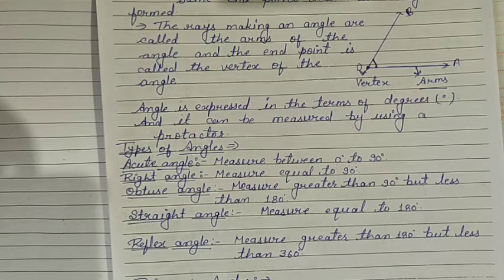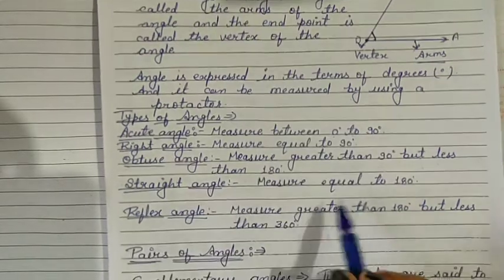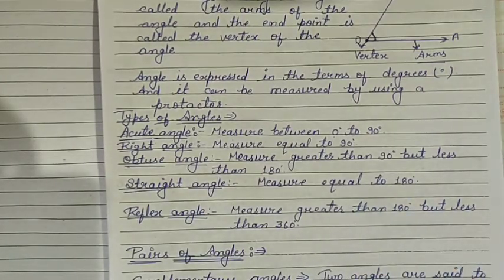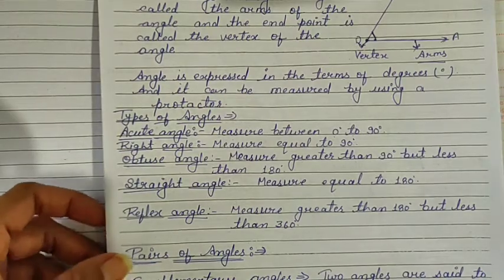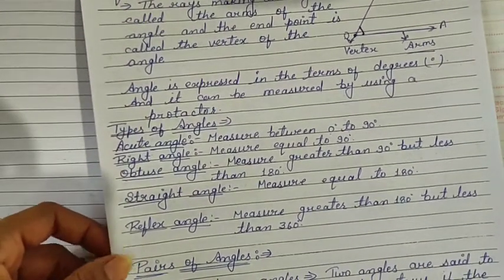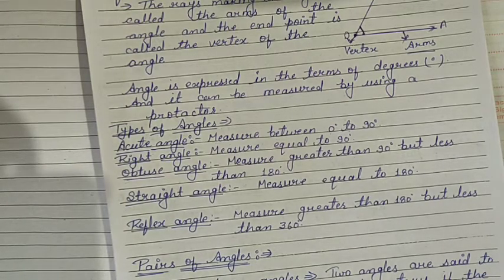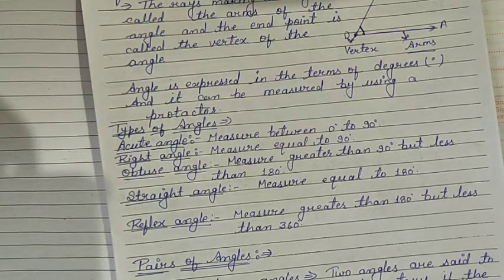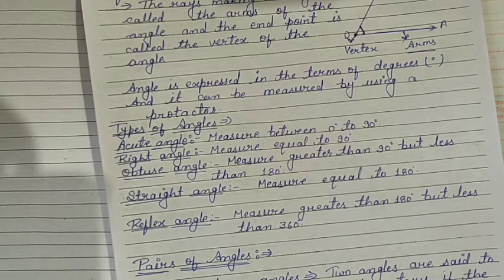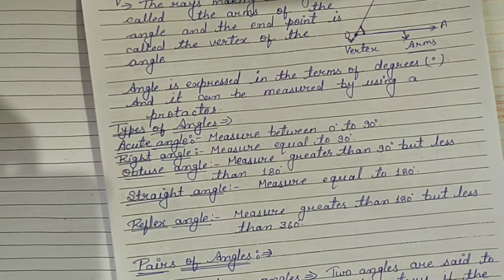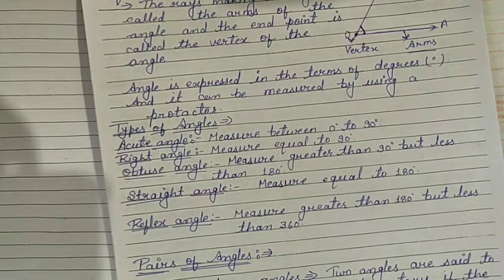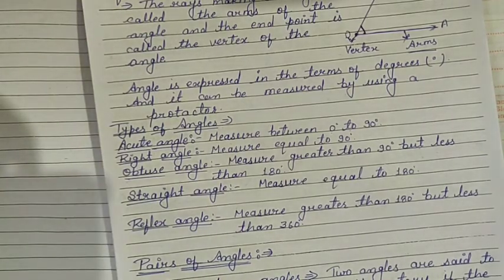Now straight angle: an angle whose measure is equal to 180 degree is called a straight angle. Okay students, now reflex angle: an angle whose measure is greater than 180 degree but less than 360 degree is called a reflex angle. For example, 181 degree, 200 degree, 240 degree, 340 degree.